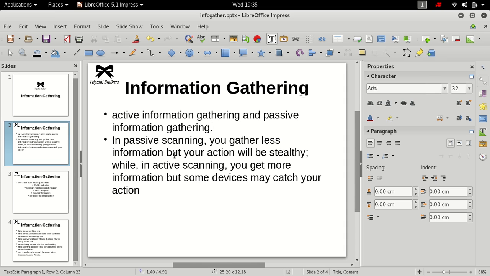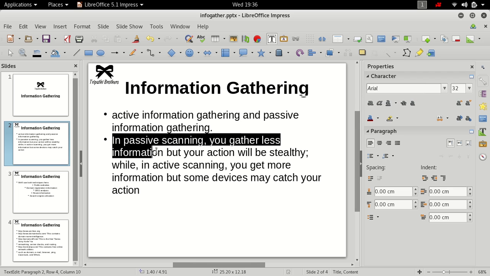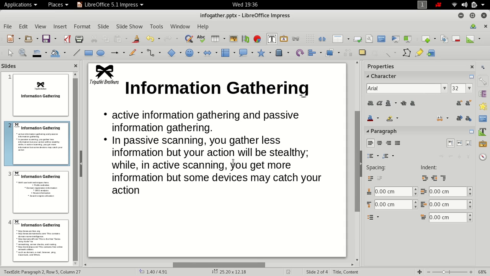In passive scanning you gather less information, but your action will be stealthy. You will not directly interact with your target or the host, so you will be able to hide your information, and it will not be disclosed.